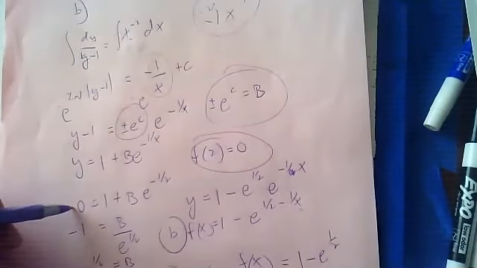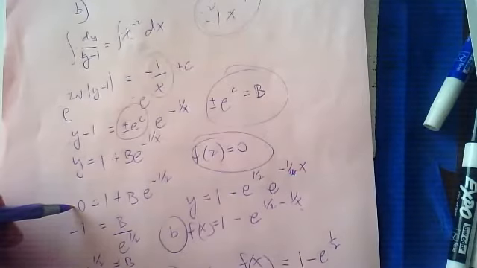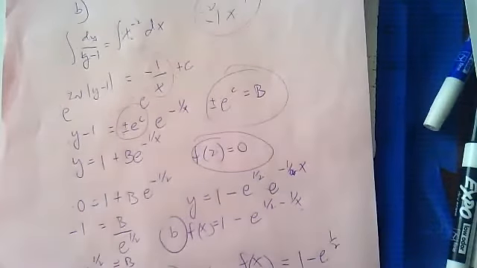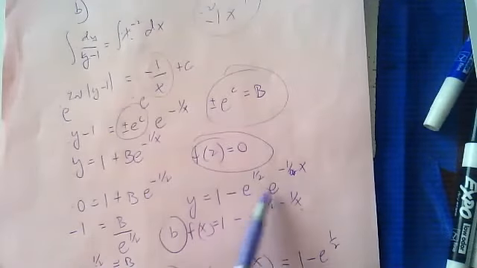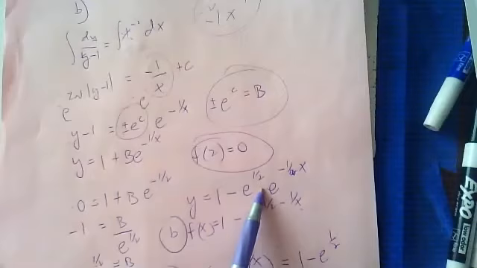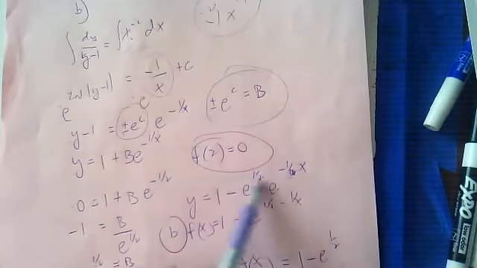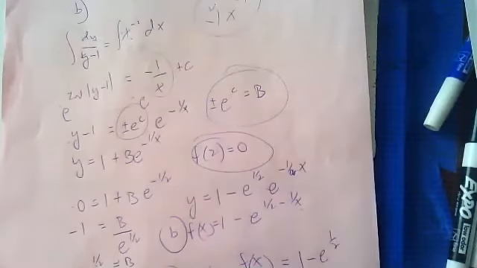They really like to see evidence of you using it, not just doing it in your head, because we don't know if you've done it in your head, and solving for b. So I get that b is e to the 1/2 power, and I plug that value back in. Because these bases are the same and I'm multiplying, I just wrote e to the, and I added these exponents together, and that's what this is.